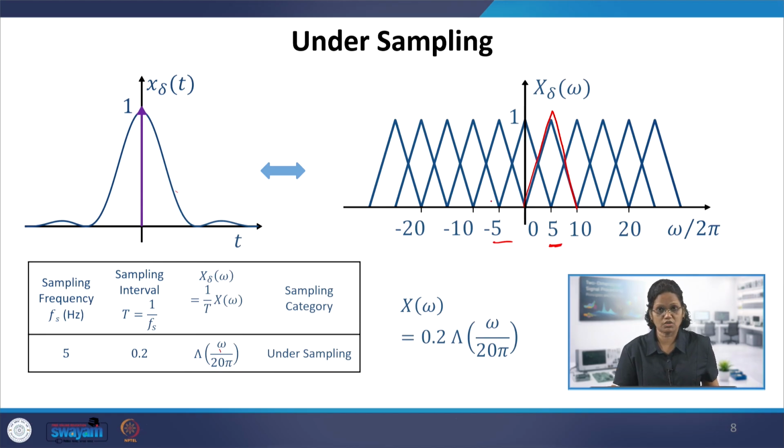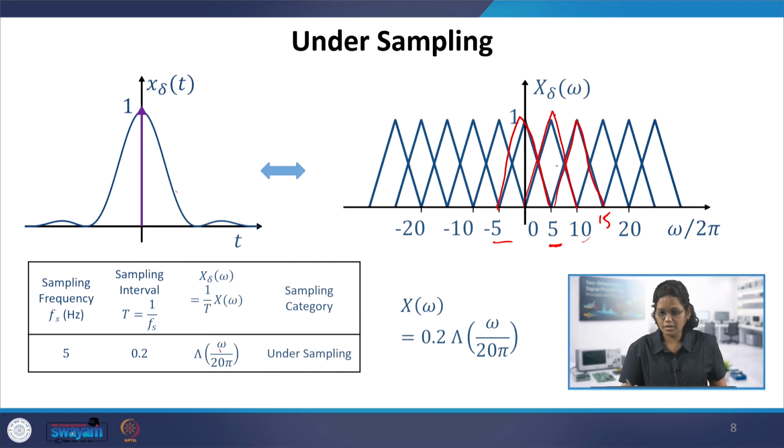Because of the repetition we have seen, when you use sampling, the resultant spectrum will have repetitions of this baseband at Fs, then another at 2 Fs, that is at 10, another at 3 Fs, that is 15, and next at 4 Fs, 5 Fs, and so on. Similarly, on the negative side also, minus 5, minus Fs, minus 10, minus 2 Fs, and so on.